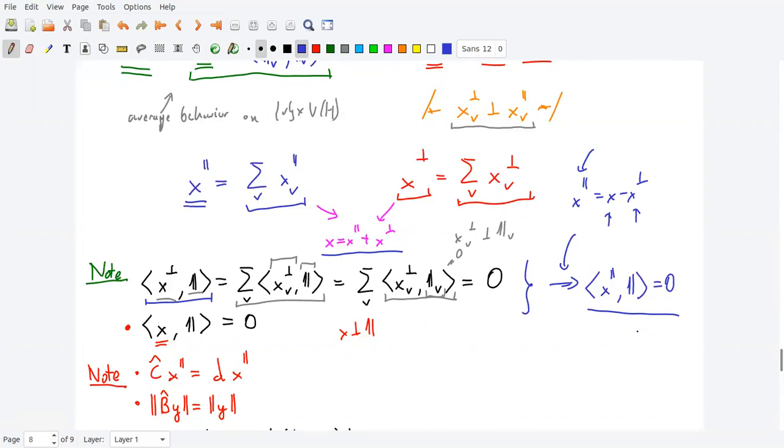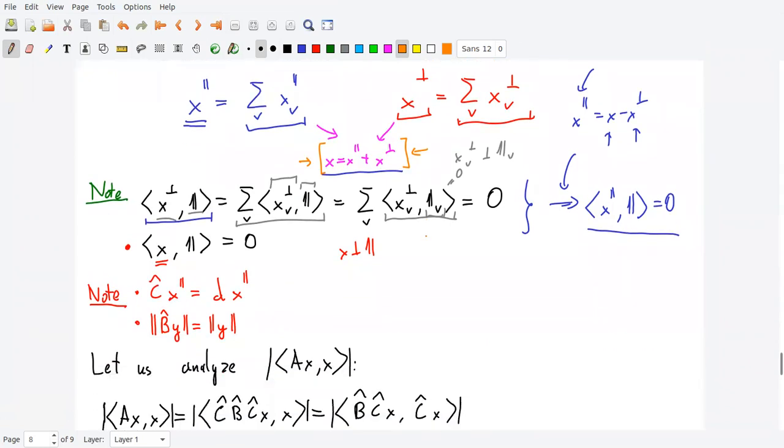And this is a formal calculation of this vector. Good. So now we have this decomposition of X into the parallel part and the orthogonal part, and this whole situation happens in the subspace orthogonal to all ones on the whole graph.